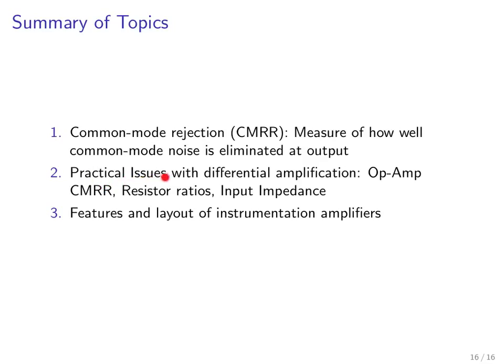Then we talked about practical issues with differential amplification that we'll run into in building instrumentation amplifiers. These are finite op-amp CMRR, resistor ratios that do not match perfectly, and low input impedance. And we talked about strategies to deal with each of these. Then we talked about the features and the layout of instrumentation amplifiers.